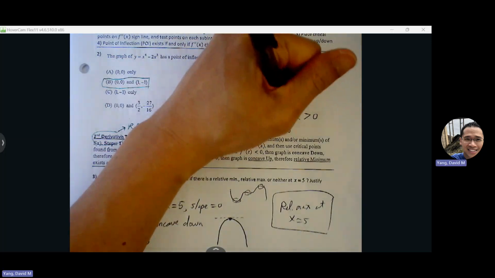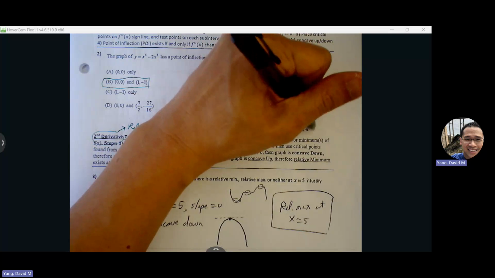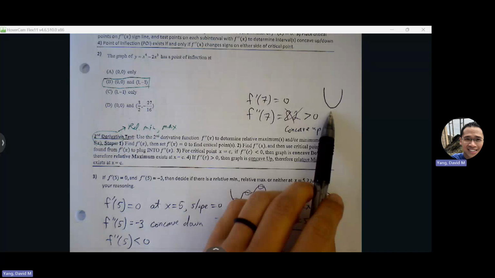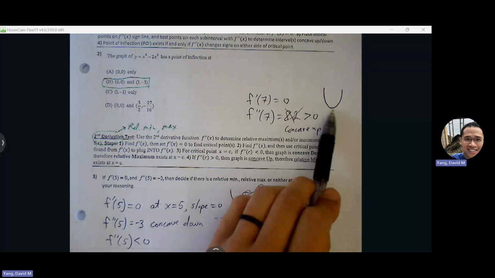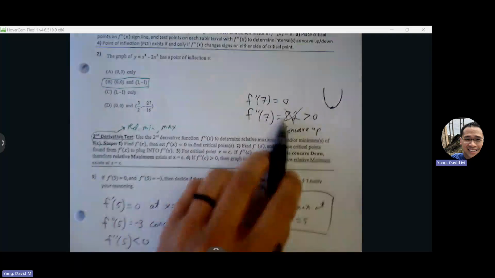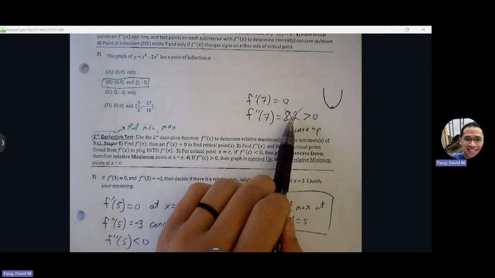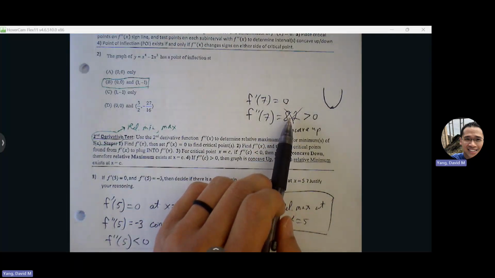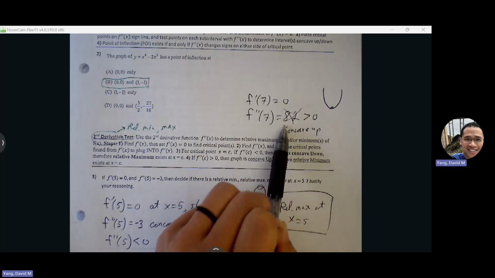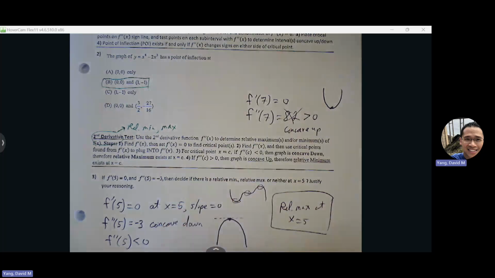And so therefore, if we can verbalize this as concave up and visualize concave up, then we could visually convince ourselves, oh, this is not a relative max, this is a relative minimum. Even though this number throws us off a bit because it feels like a point, it's not a physical point on the graph. This is describing a curvature of the graph.